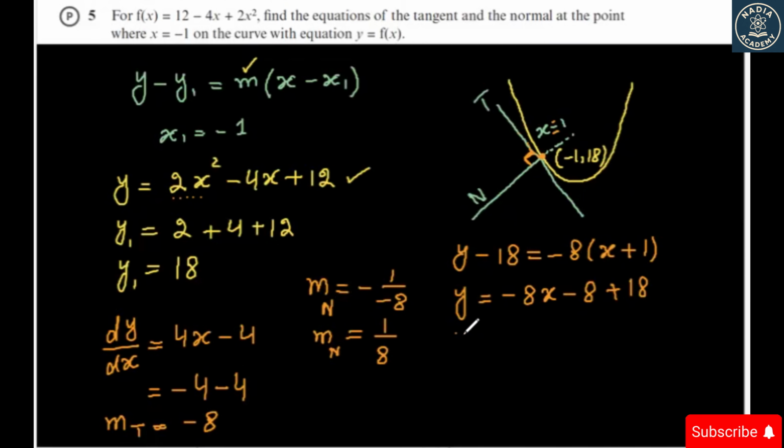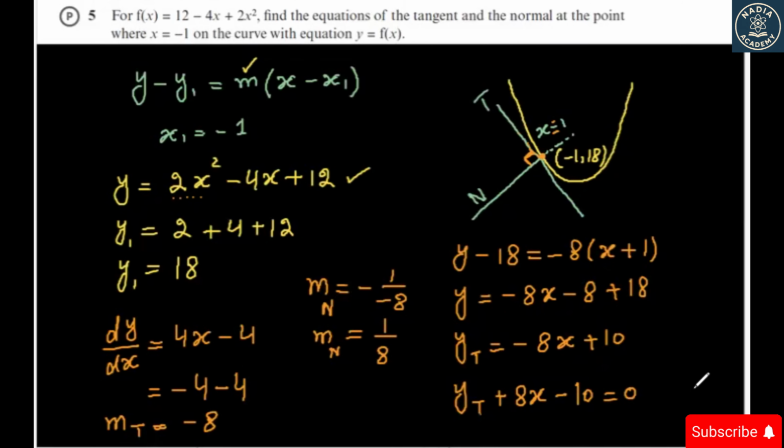So now our equation of the tangent is y equal to -8x plus 10. This is the equation of the tangent. We can also move this -8x to the left-hand side: y +8x -10 is equal to 0. So this is the equation of the tangent.